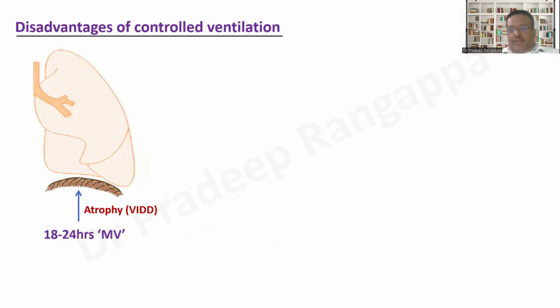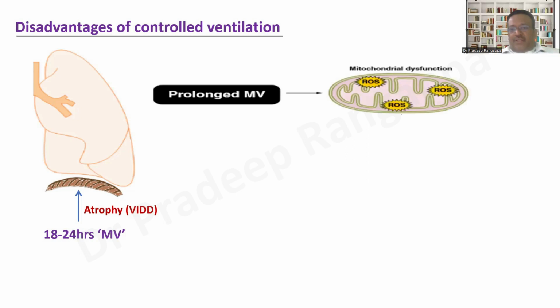If you see my narrative, the whole emphasis is that controlled mechanical ventilation, which is considered a very sanctified version, is being challenged now when you have to look at optimizing your diaphragmatic function, because that's what is being shown. So in controlled mechanical ventilation, we understand there is atrophy that sets in, which we call ventilator-induced diaphragmatic dysfunction. And we have clearly understood even 24 hours of mechanical ventilation leads to this diaphragmatic dysfunction.